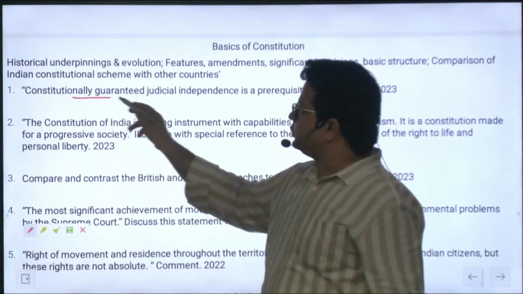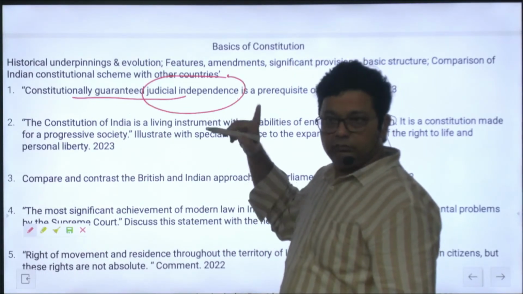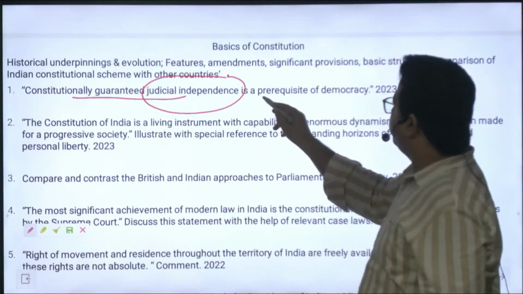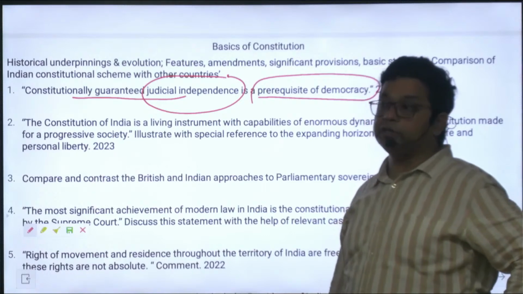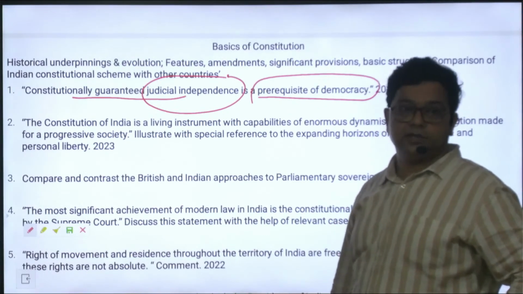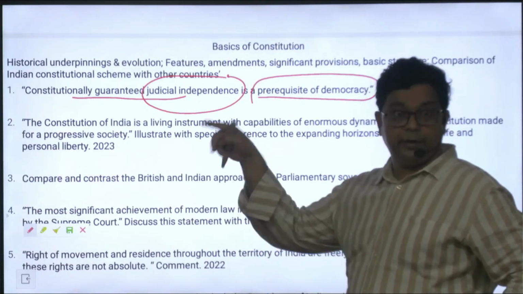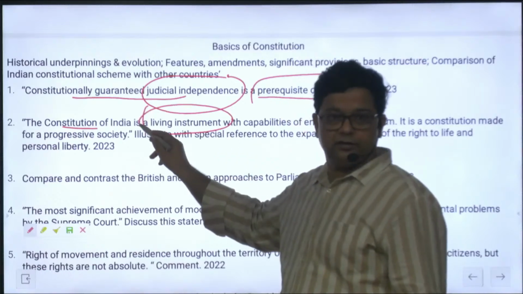There is a constitutionally guaranteed judicial independence, which is a prerequisite of democracy. It means judiciary independence is necessary for democracy. Why is it necessary for democracy? Basic questions. The Constitution is a living instrument.